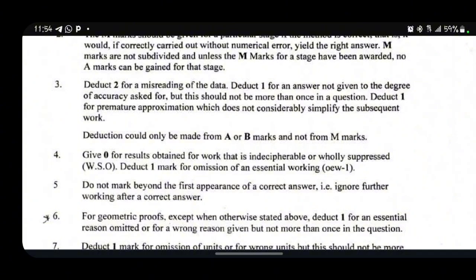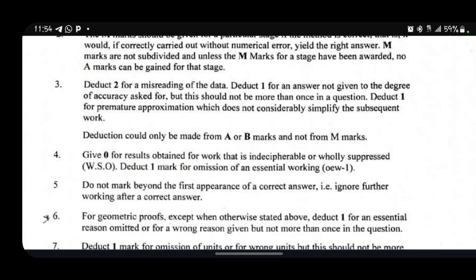Now, in a case where you are told to solve some questions, and as you're solving, you have started approximating right from the beginning of the solution, this might give you errors.